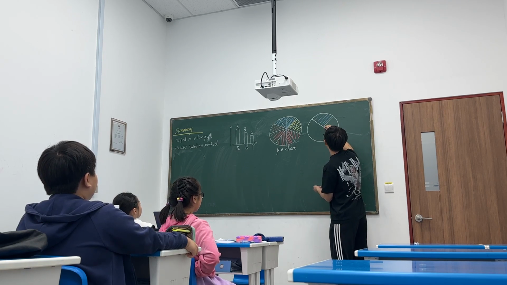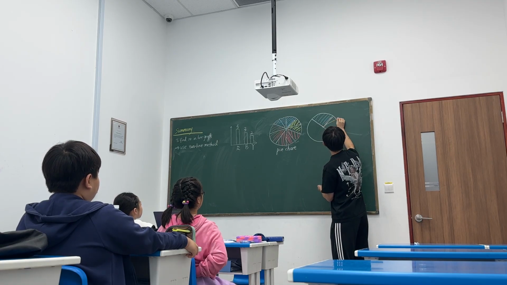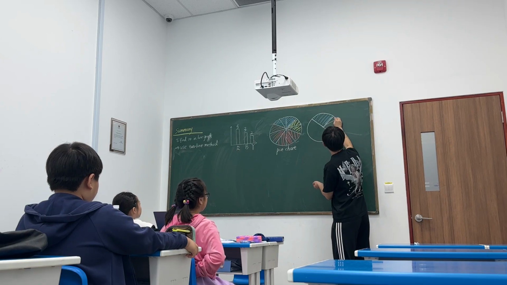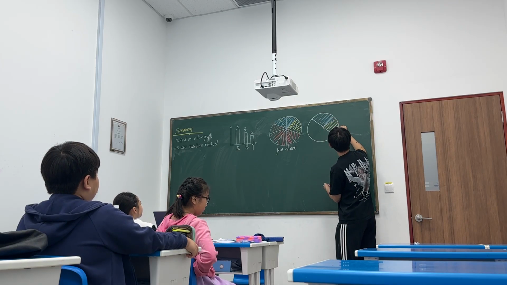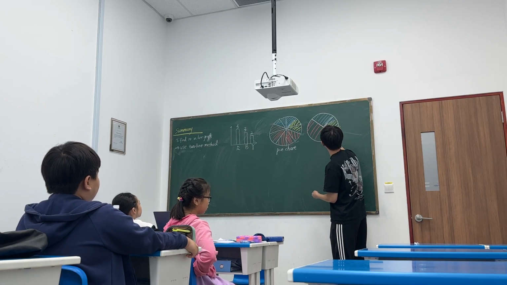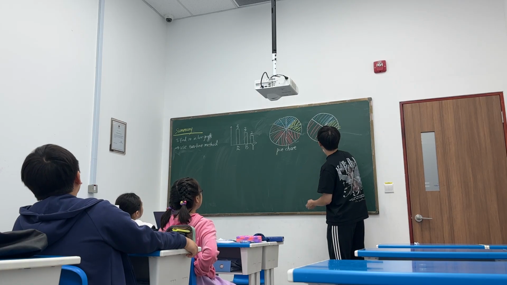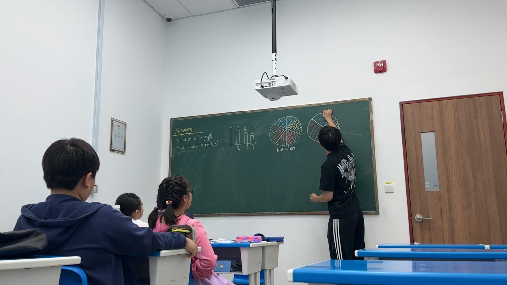Alright, for the yellow one, like this. So I'll use different colors to represent it. Now this is for the red one, there are 5 students. There are 3 students.